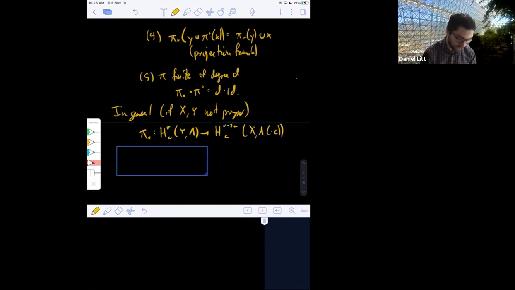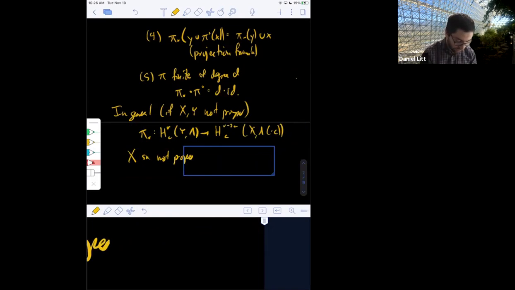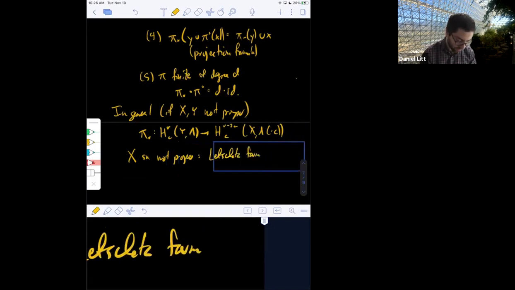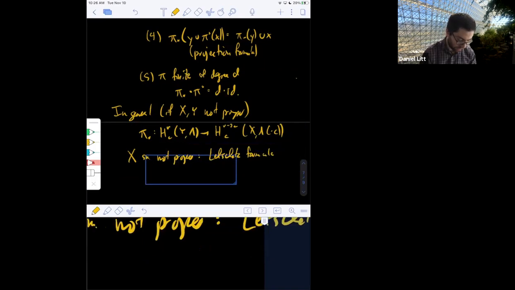And then also similarly, if X is smooth but not proper, there's some subtlety in defining this, but there's a Lefschetz formula with compactly supported cohomology.